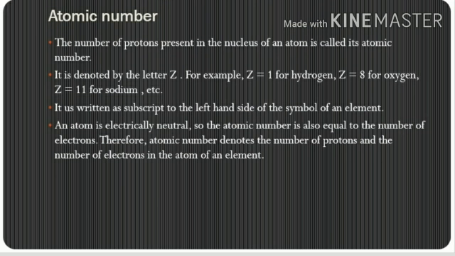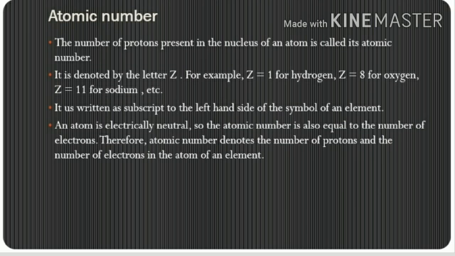Atomic number. The number of protons present in the nucleus of an atom is called its atomic number. It is denoted by the letter Z. For example, Z equal to 1 for hydrogen, Z equal to 8 for oxygen, Z equal to 11 for sodium, etc. It is written as subscript to the left-hand side of the symbol of an element.